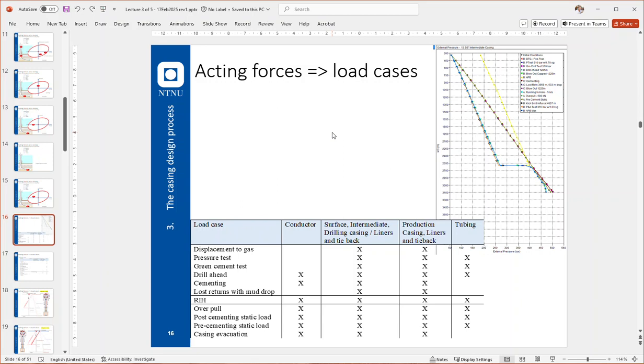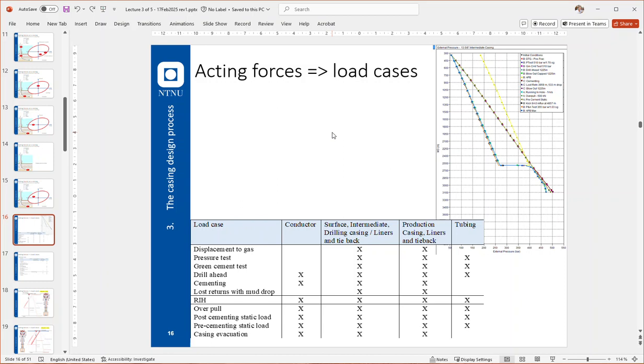Green cement test. That is basically just the same as the pressure test, only it is done within the hour before the cement goes into the second mode, where it has this intermediate phase, like discussed in the previous session.